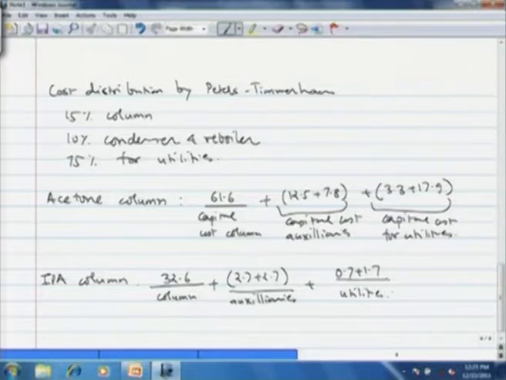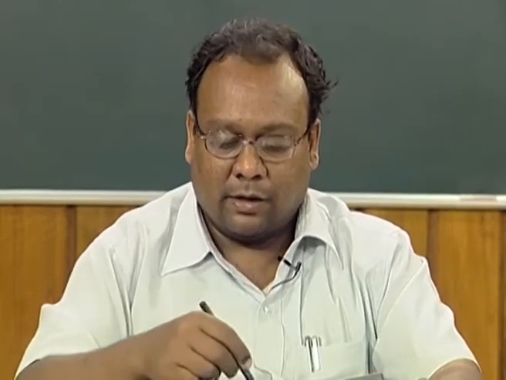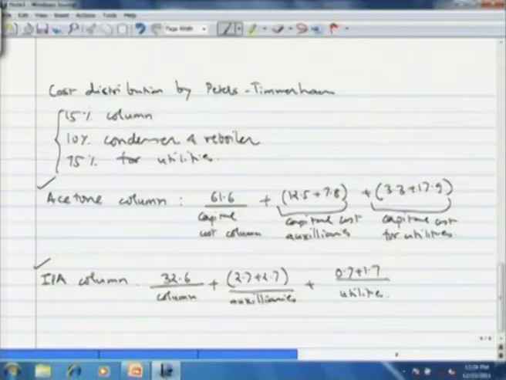Now, if you see the distribution of the cost among these three factors, capital cost for the column, for auxiliaries and the utilities, nowhere do we see a resemblance to the optimized distribution. Which means if you see the cost distribution among the three components of the distillation column, we do not see either the distribution given by Peters and Timmerhaus or Happel and Jordan.